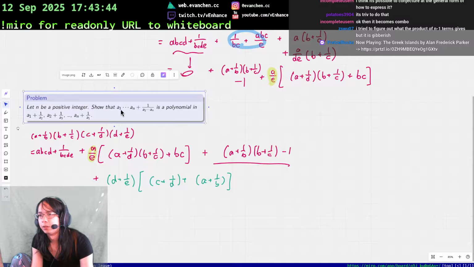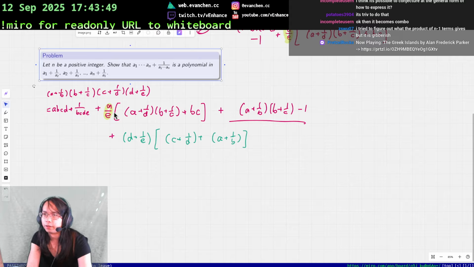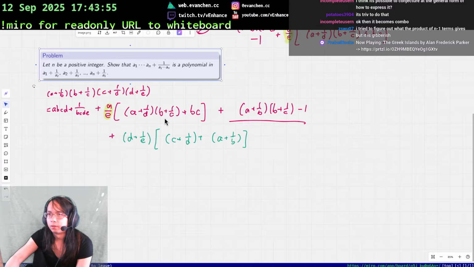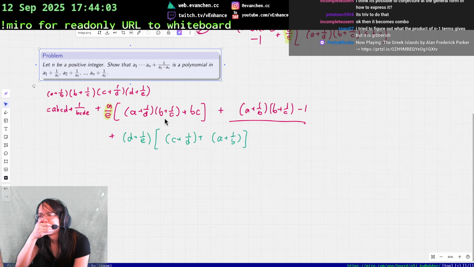So this is where I am now. What happens is when a equals e, this part's okay, this part's okay, but I still need to massage the thing inside somehow. DC, DA, AB.